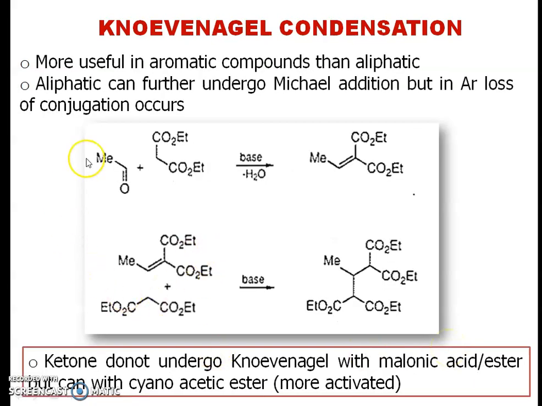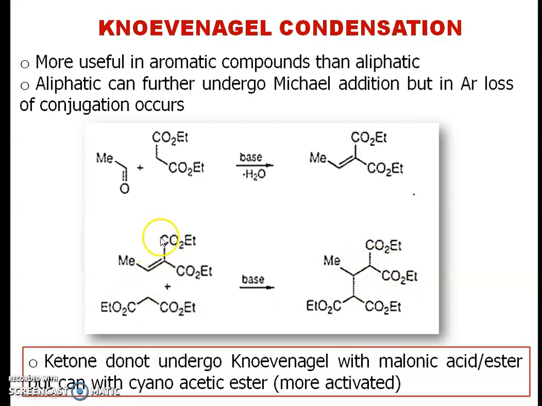This Knoevenagel reaction is more useful for aromatic compounds than aliphatic. What is the problem with aliphatic? If you use an aliphatic compound, it first forms the unsaturated product, and to this unsaturated product another molecule of diester can be added and undergo a reaction like this.